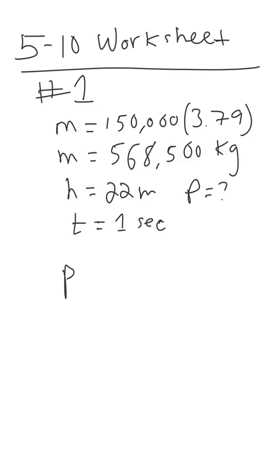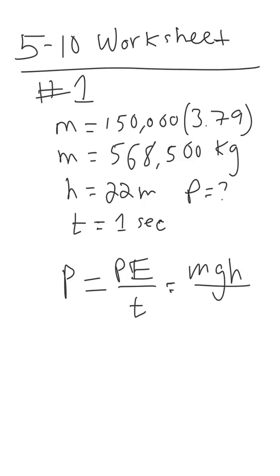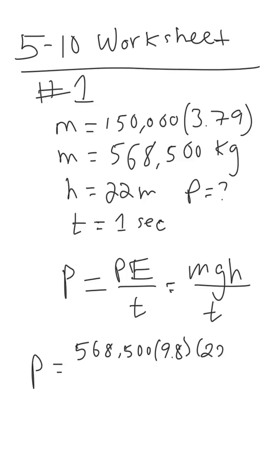So power is going to equal to potential energy divided by T. Now, our equation for potential energy is mgh divided by T. So therefore, power is going to equal to our mass, which is 568,500 times 9.8 times a height of 22 divided by 1. All right, so we get a power of, it's going to be a really large number.